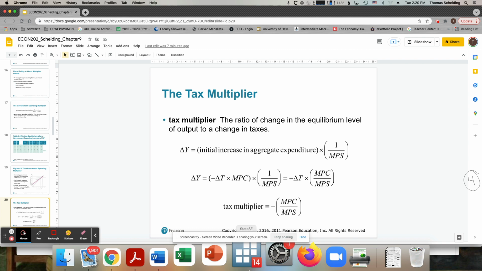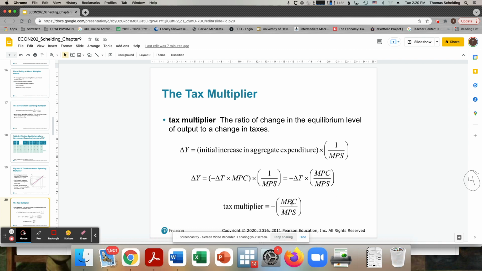Now, the tax multiplier, on the other hand, also changes the level of the equilibrium. And here the equation is slightly different. So now it's my marginal propensity to consume over my marginal propensity to save, the negative of that ratio. In this case, it would equal the negative of 0.75 over 0.25.